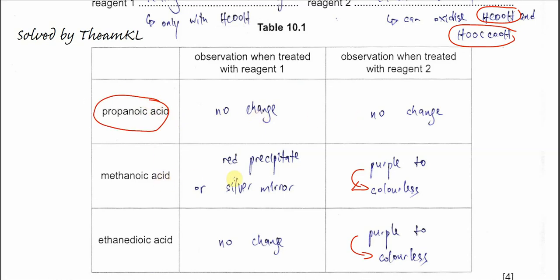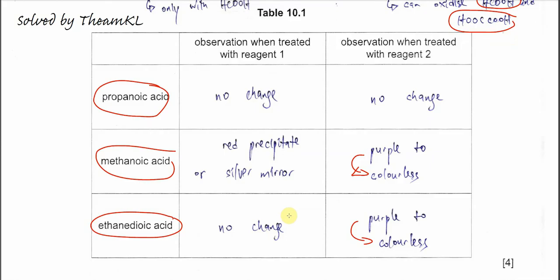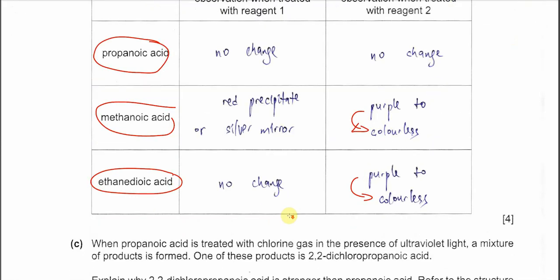The acid that gives a positive observation for both reagents must be methanoic acid. The one that is only oxidized by KMnO4, but no change with Tollens' or Fehling's reagent, must be ethane dioic acid. Okay, those are the observations that you must put.